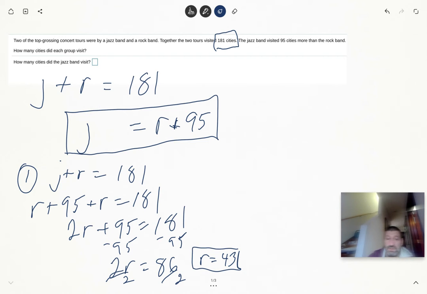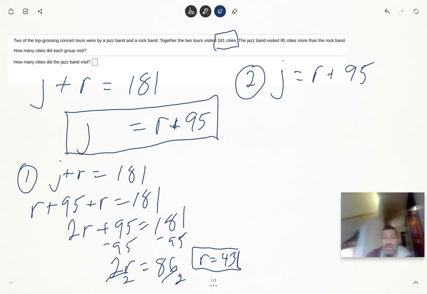Okay, so let's see how that fits in with the rest of the problem. Okay, so we're going to plug that into one of the two equations. Let's use the first one. Well, the second one actually looks like it'd be a little easier. J equals R plus 95.